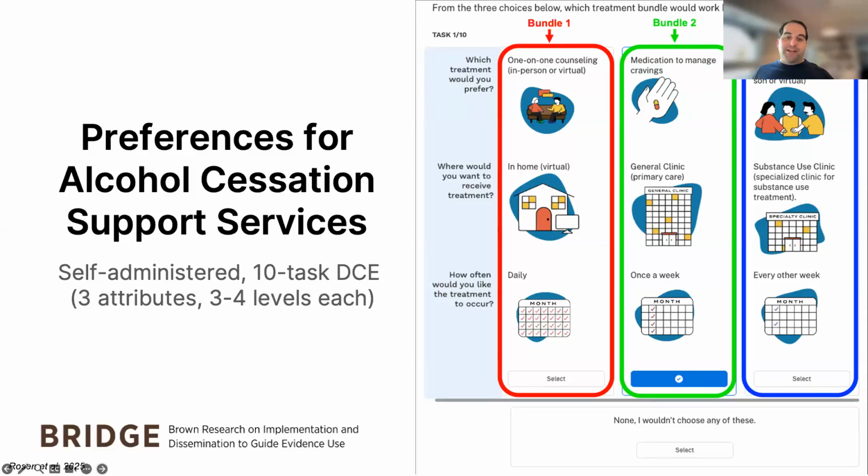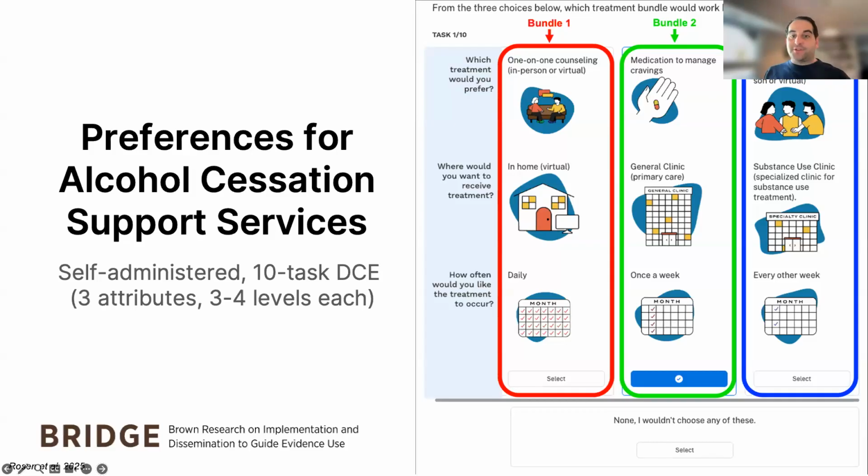The image projected here shows an example of one of the 10 choice tasks, where participants were asked to select their single preferred service delivery bundle of alcohol cessation support interventions based on these 3 different attributes.